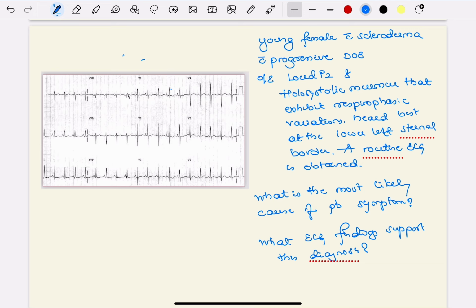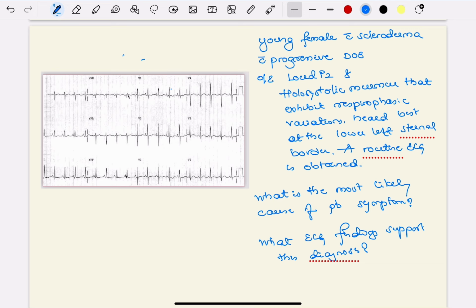Looking at the history, here is a young female with scleroderma presenting with progressive dyspnea on exertion. In the background of an autoimmune disease like scleroderma, progressive dyspnea in a young female is suggestive of the development of pulmonary artery hypertension.